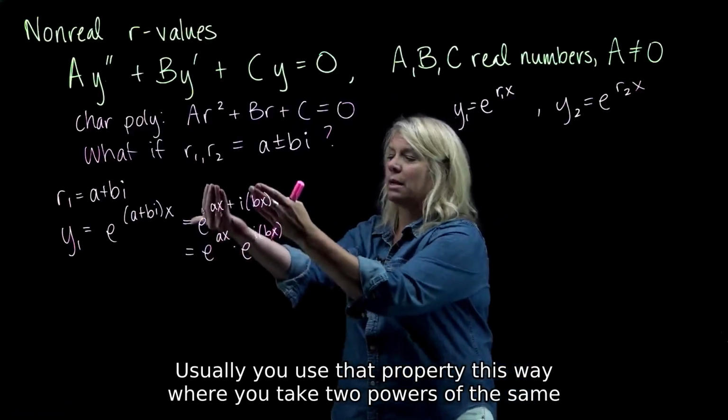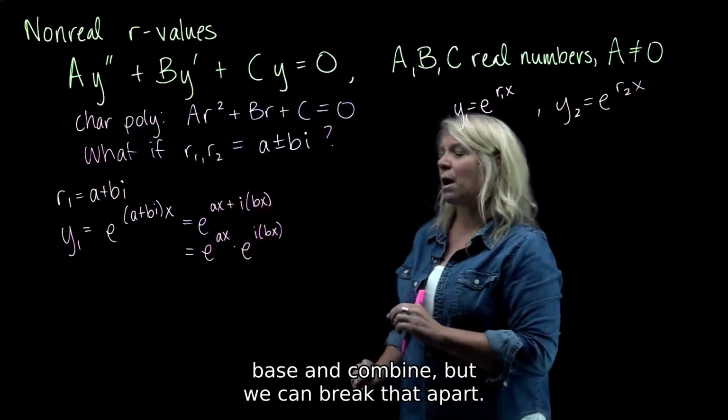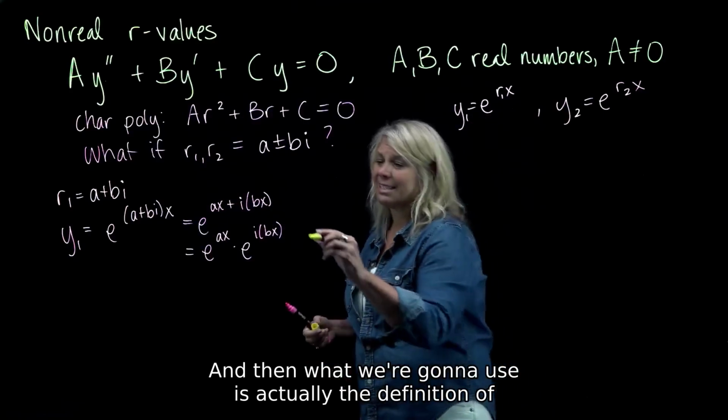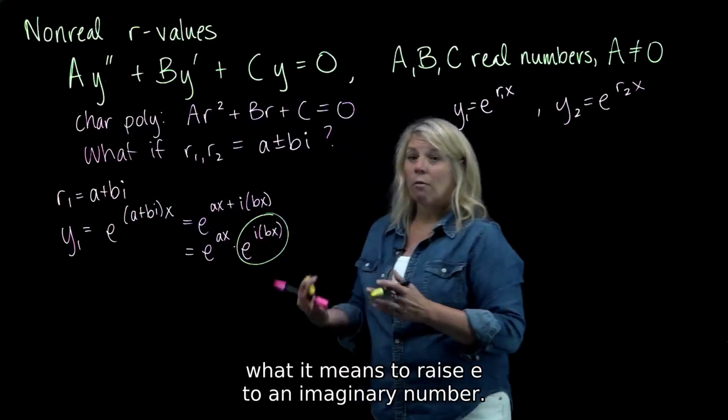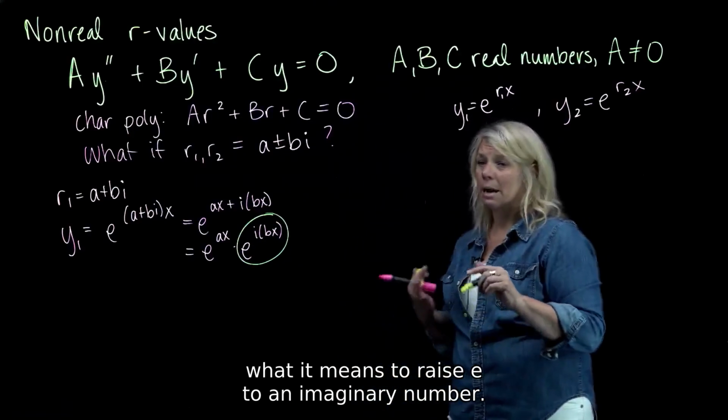Usually you use that property this way, where you take two powers of the same base and combine, but we can break that apart. And then what we're going to use is actually the definition of what it means to raise e to an imaginary number.